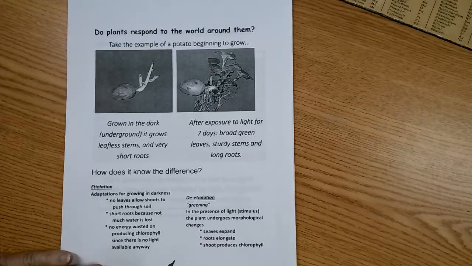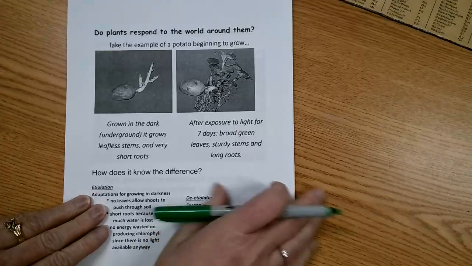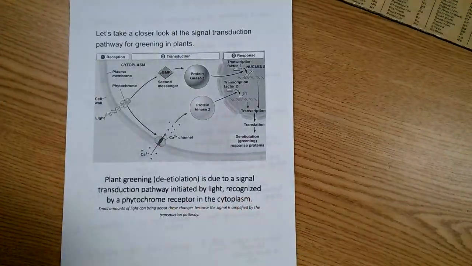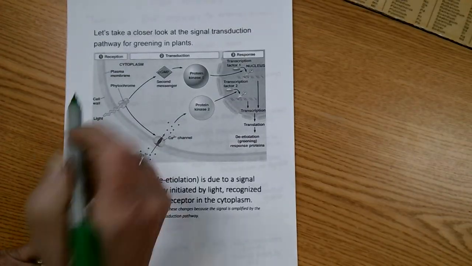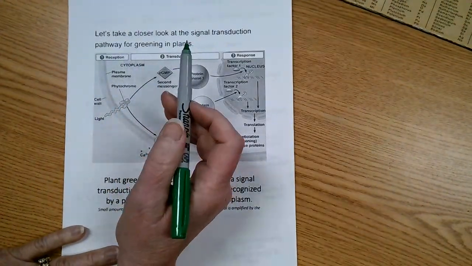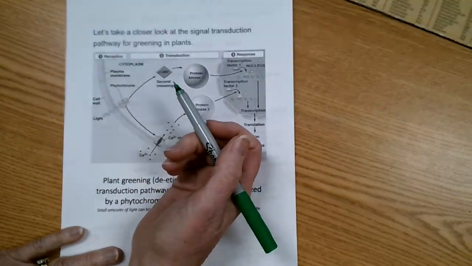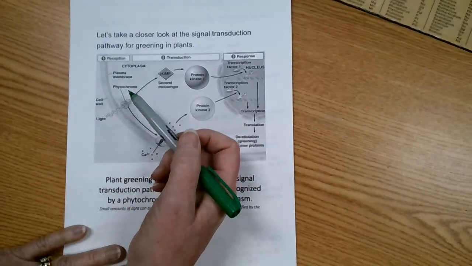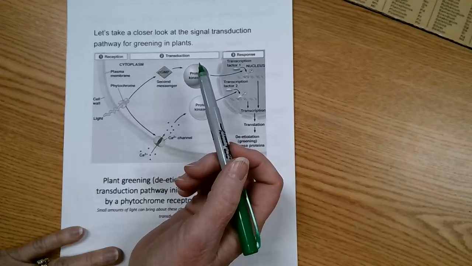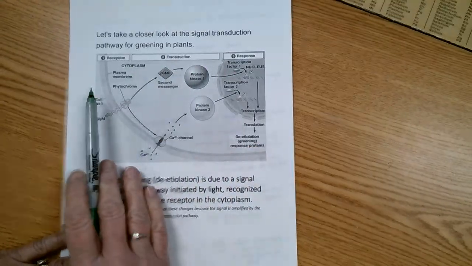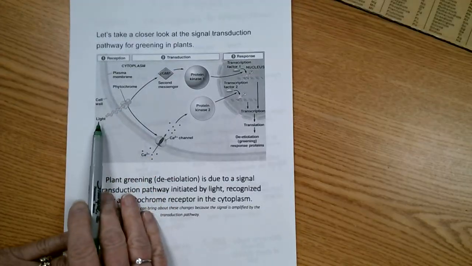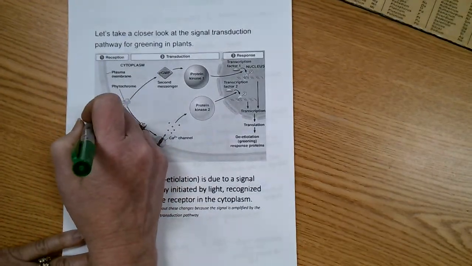Okay. But what causes these plant responses? Well, in the case of etiolation, it's a good old signal transduction pathway, and that's what you have here. And when we look at signal transduction pathways, we want to look at what's the signal, how's it being received, how is it transducing, that old whisper down the lane thing, and what is the response? Well, when it comes to de-etiolation, the signal here is the light.